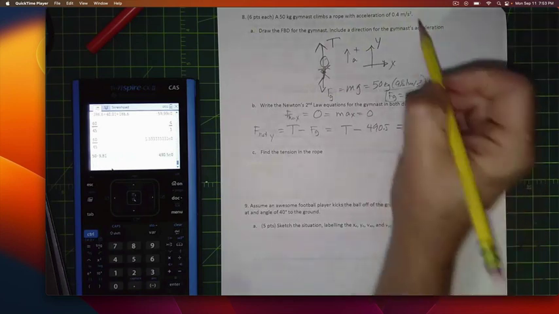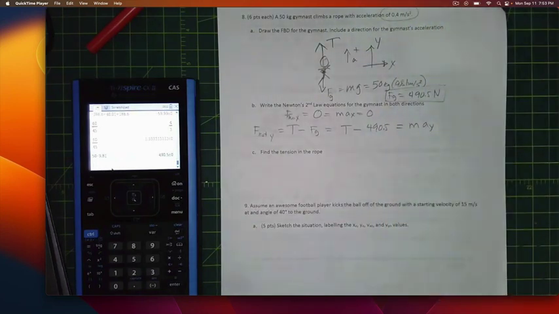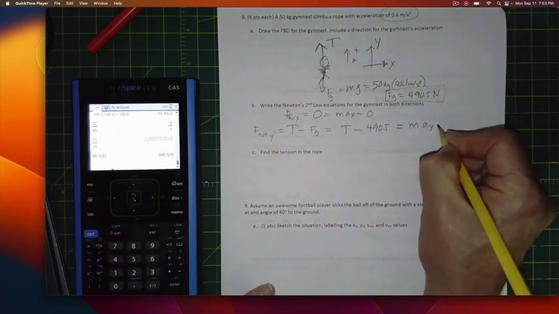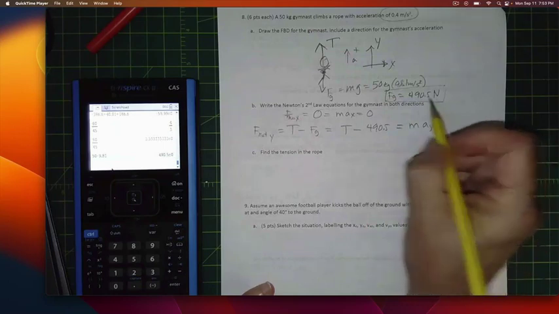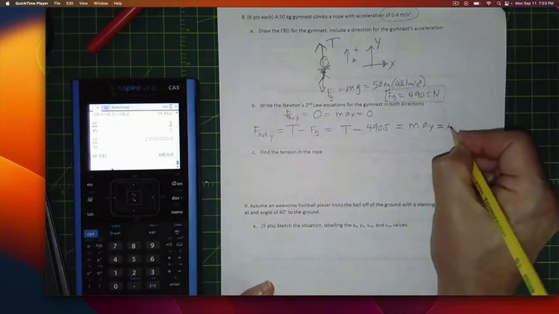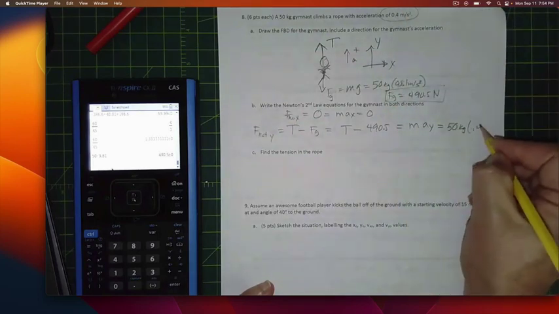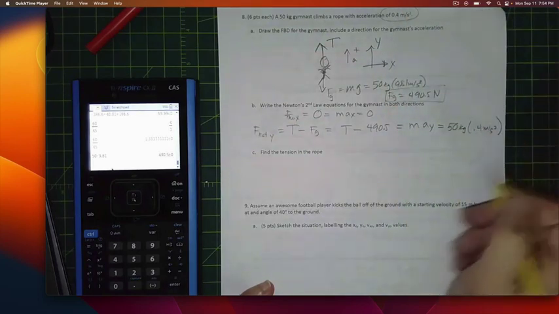We were given that she climbs the rope with acceleration of 0.4 meters per second squared, so that's equal to mass 50 kilograms times acceleration 0.4 meters per second squared.